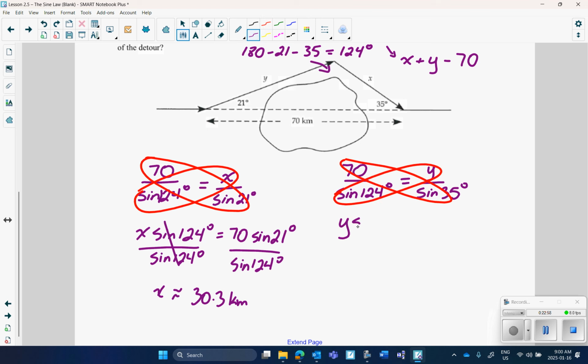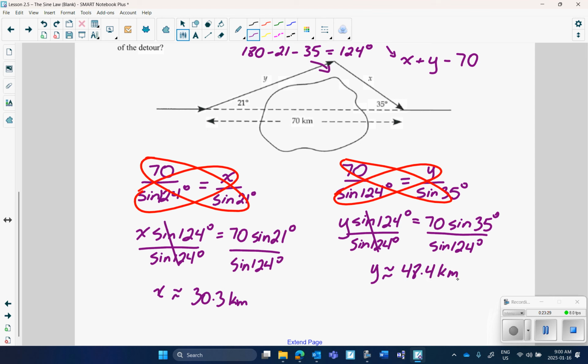Y times the sine of 124 degrees is equal to 70 times the sine of 35 degrees. Divide both sides by sine 124 degrees to get Y by itself. Put that into your calculator, and Y would be approximately 48.4 kilometers.